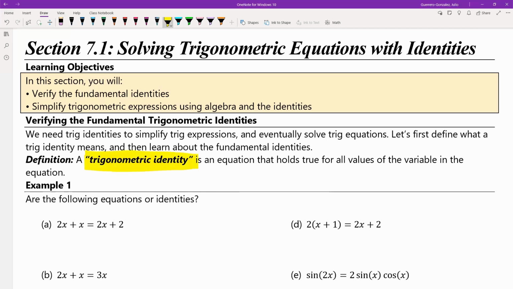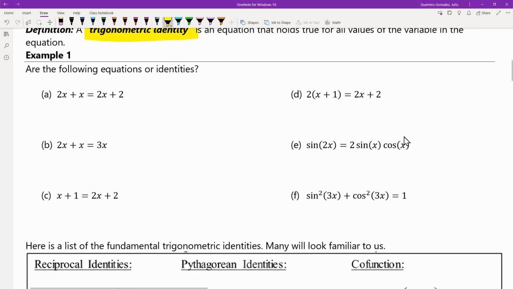It is an equation, a statement that will hold true for all values of the variables in the equation. I've got a couple down here. Let's take this first one.